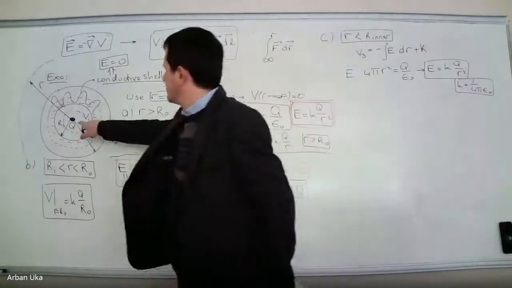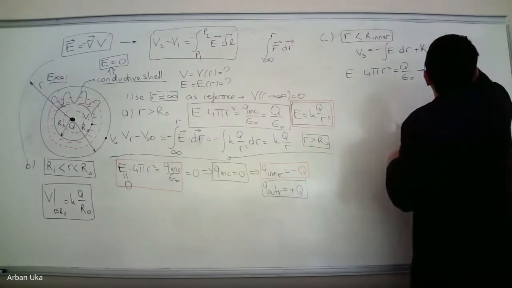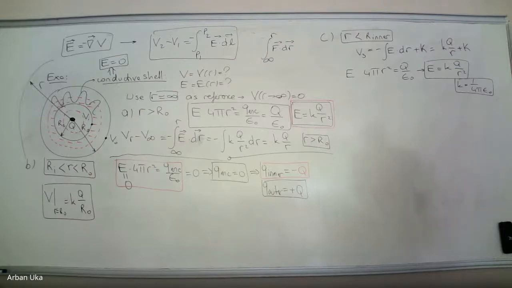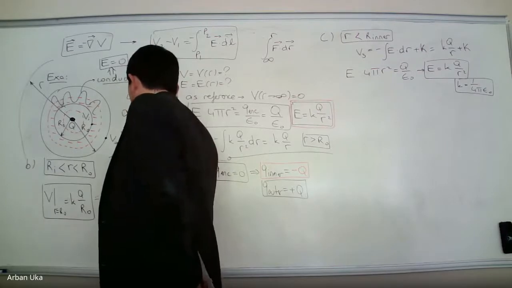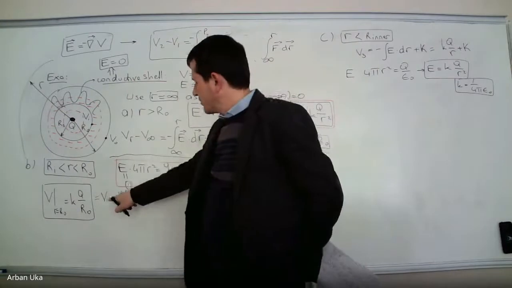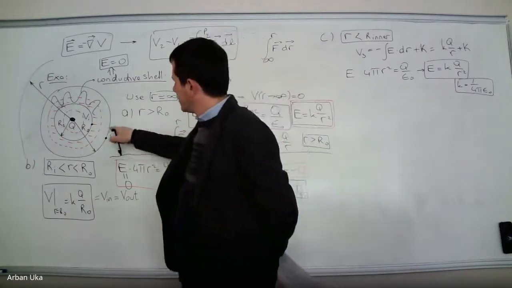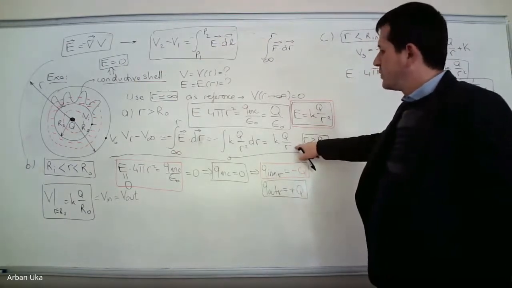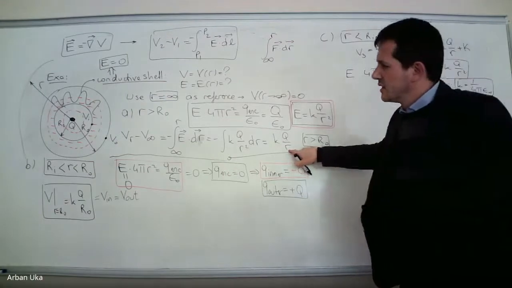So the potential in this region at any point will be described as K Q over R plus capital K. But here we also have to consider that as we are coming from infinity, where the potential was equal to 0, at this outer boundary the potential will be equal to this expression, evaluated by substituting this little r with r0. Then we get this expression.